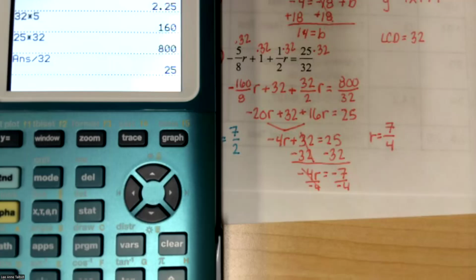And the two negatives cancel and it becomes +7 over 4. If you guys did this one on your own, you might have gotten 1.75. But I like to leave it in fractions because the problem's in fractions.